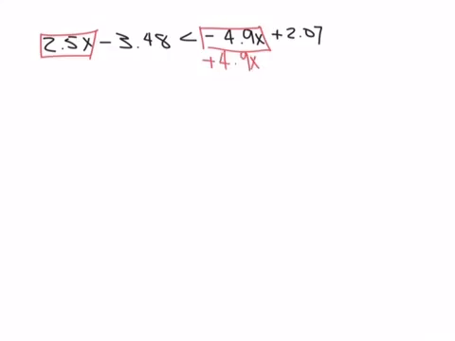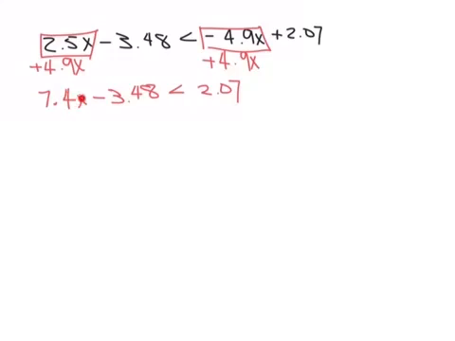I'll take that whole thing, and this is 4.9x. So I have 2.5 plus 4.9, and that'll give me 7.4x. I haven't done anything with anything else here, so I'm just going to rewrite the whole thing. Now I'm trying to get my x by itself.